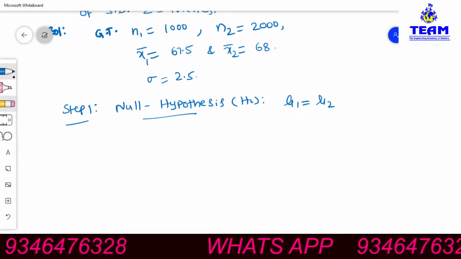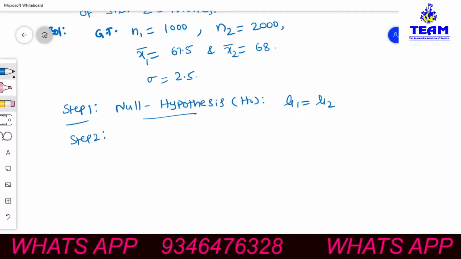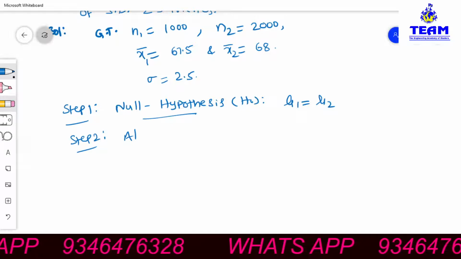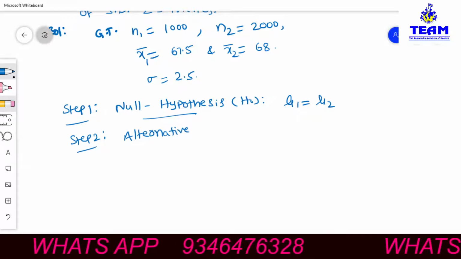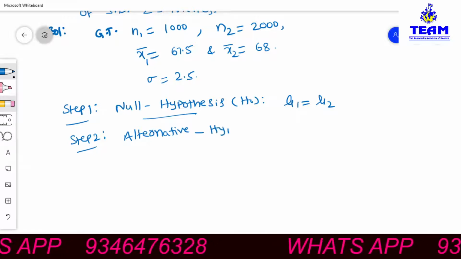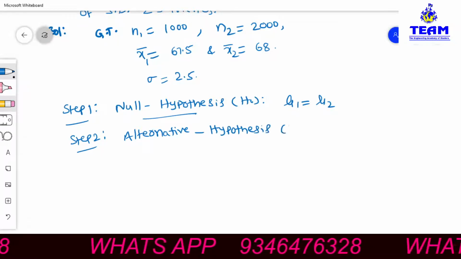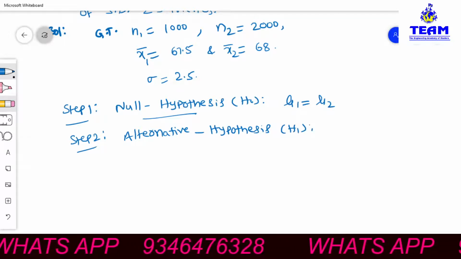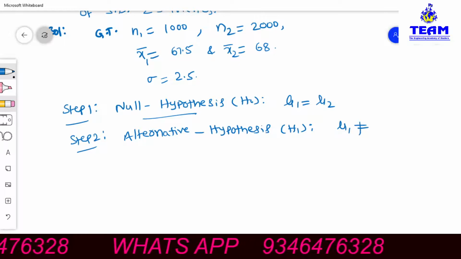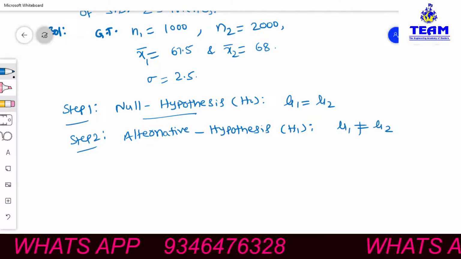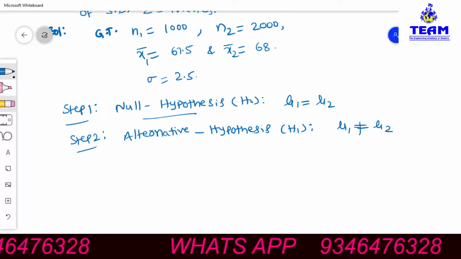Step 2 is taken opposite to the null hypothesis, that is the alternative hypothesis, which can be represented with H1. It is mu1 not equal to mu2. That means both populations are different.